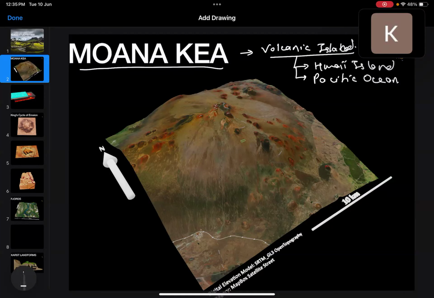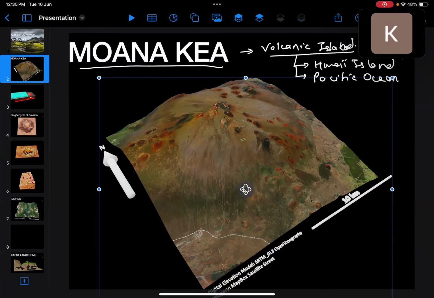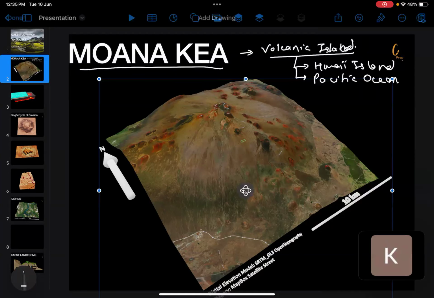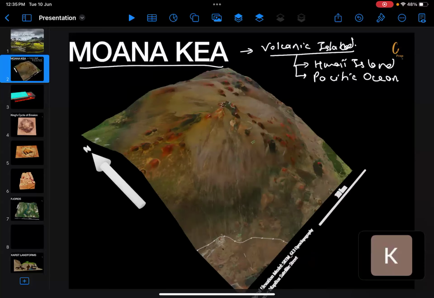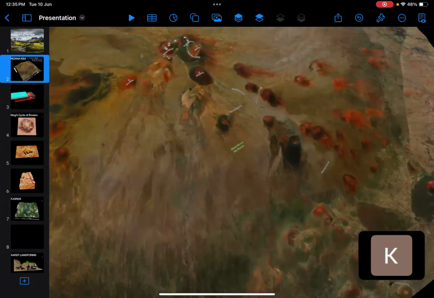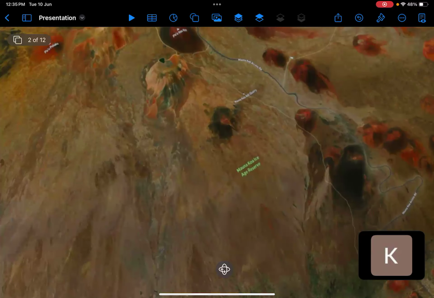Now what we will see here, this particular part, we can see one of the models which is providing us the understanding of this Mauna Kea.